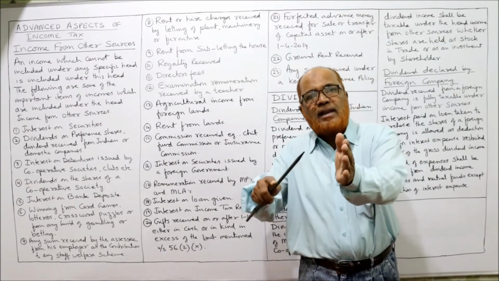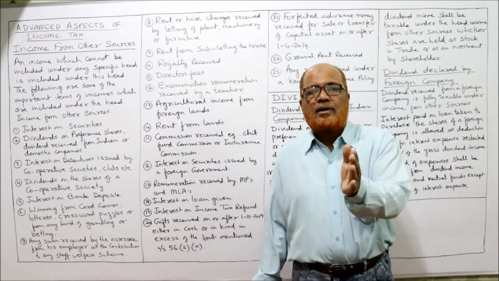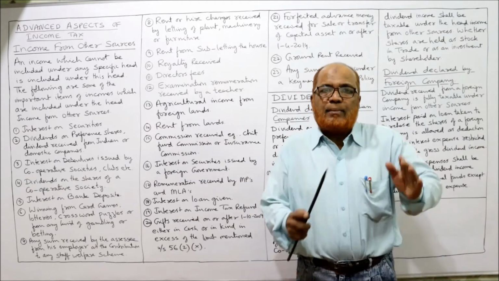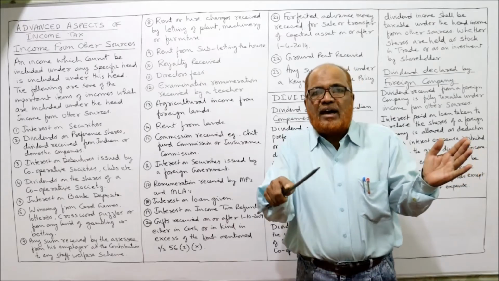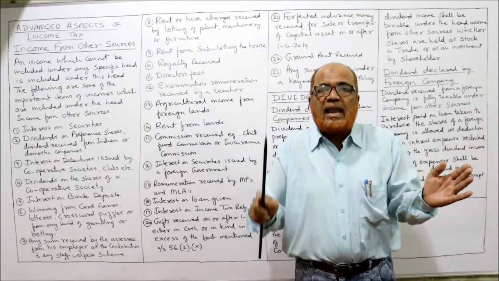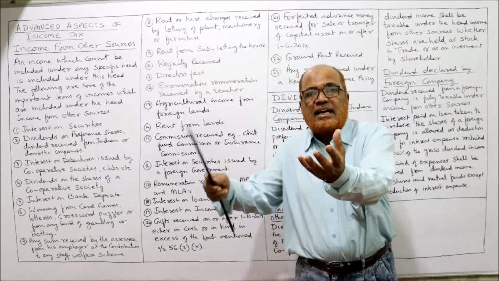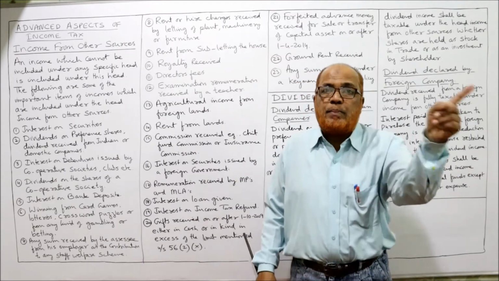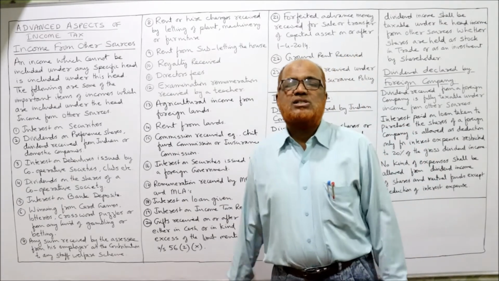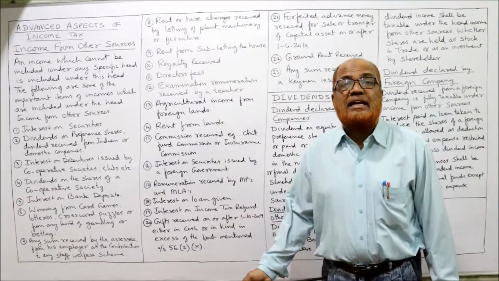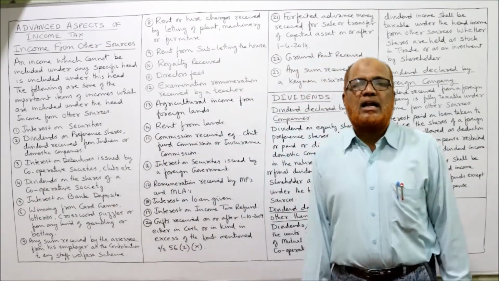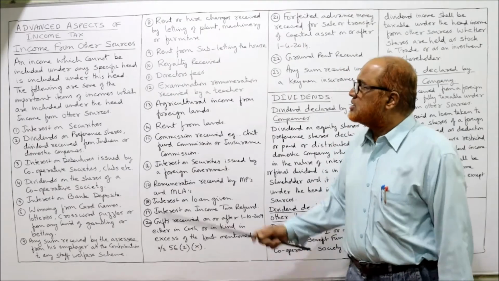Now, Y has sublet the house to Z. So, Y is the tenant and also the landlord. From X's point of view, Y is the tenant. From Z's point of view, Y is the landlord. So, Y is getting the rent and Y is paying the rent. So the rent received by Mr. Y is called rent from subletting, and that rent from subletting is taxable under income from other sources.